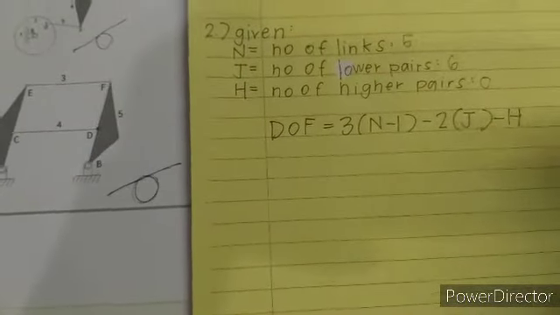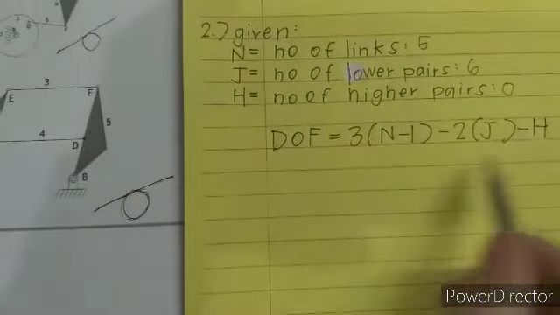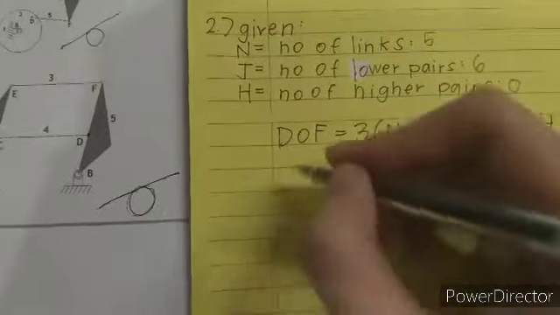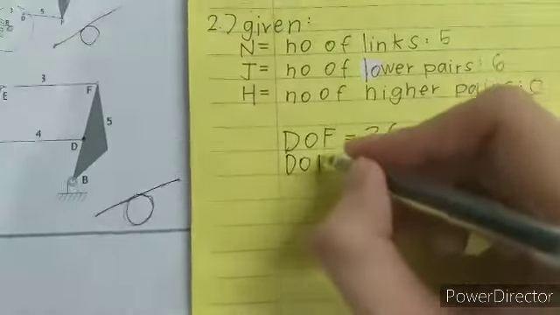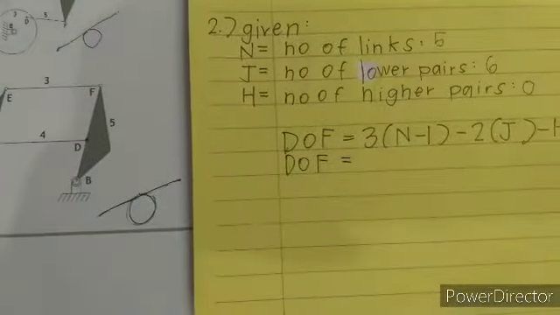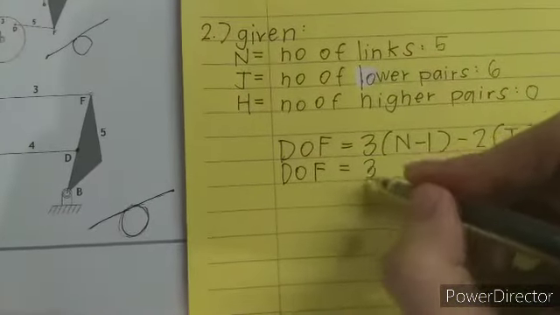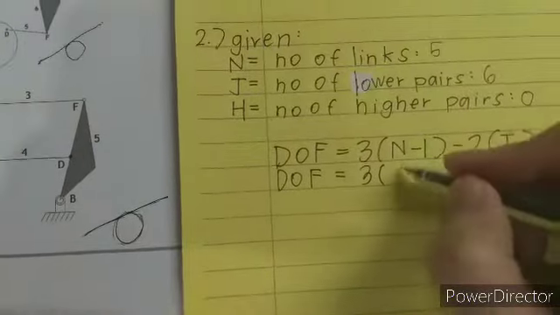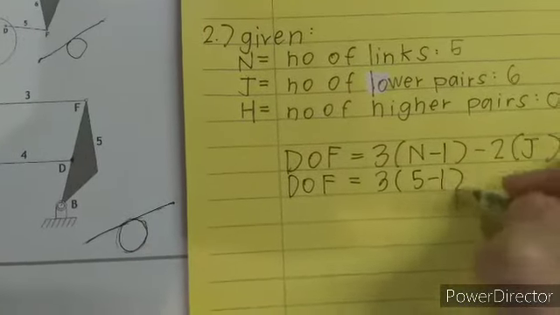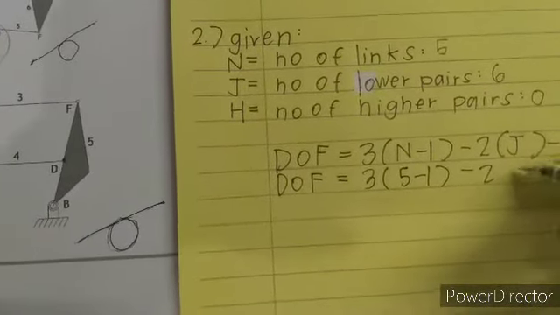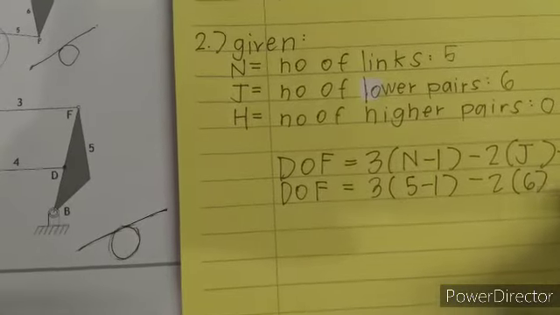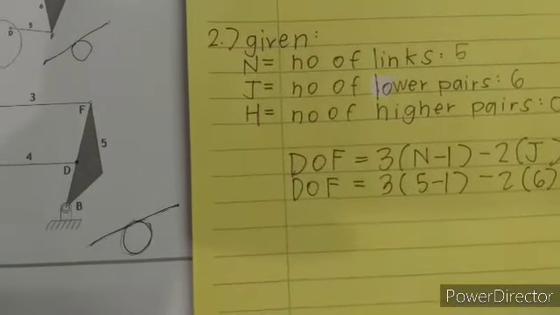Now, let's use this Grubler's equation to find the degree of freedom of our mechanism. Plugging in our values, we have 3 multiplied by 5 minus 1 minus 2 multiplied by 6 minus 0.